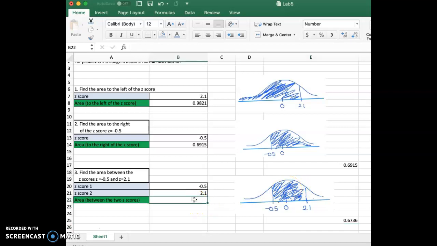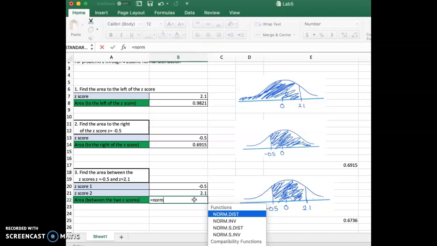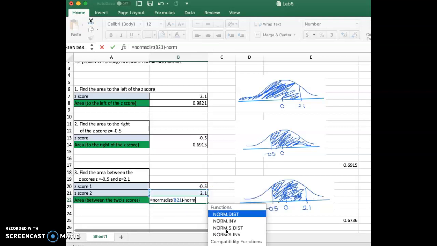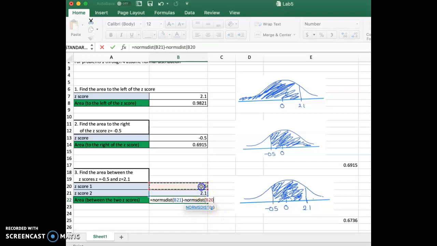Or if you choose to do it in Excel, you can use equal NORM.S.DIST, area to the left of 2.1, minus NORM.S.DIST, area to the left of negative 0.5, and you will be able to get the same value, 0.6736.